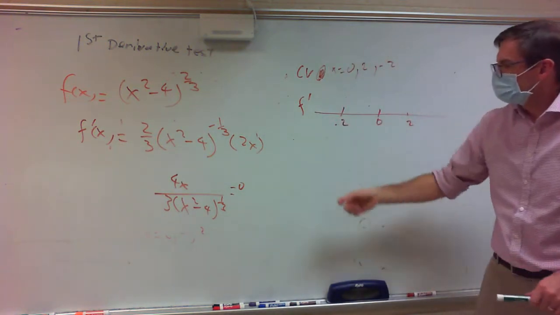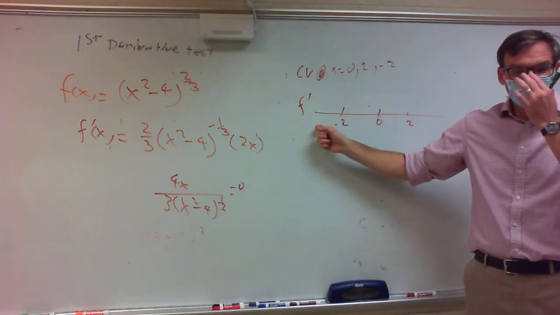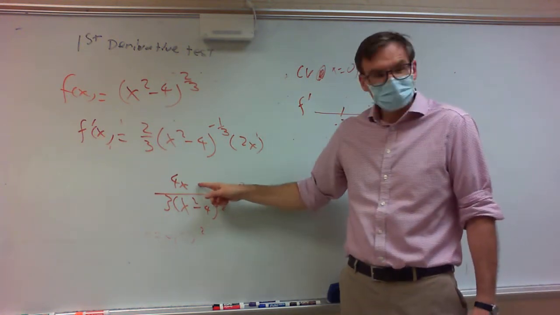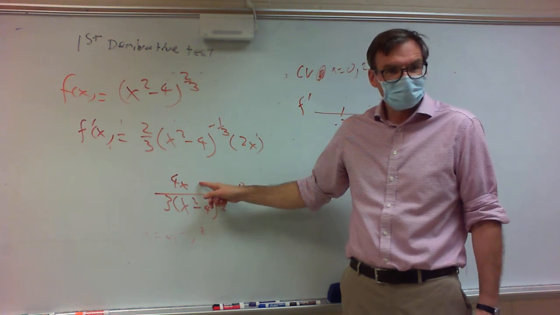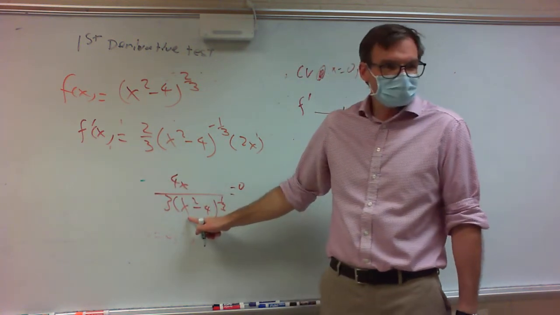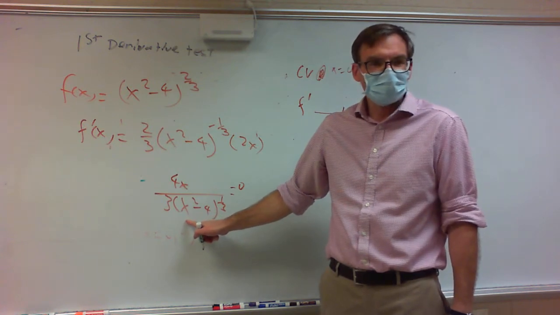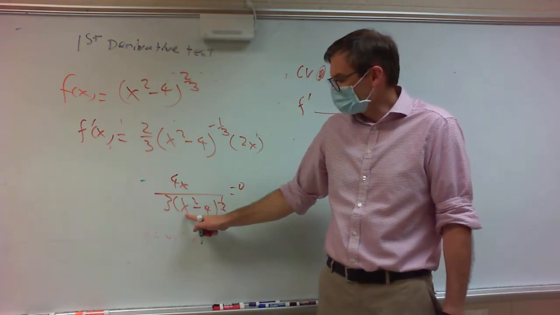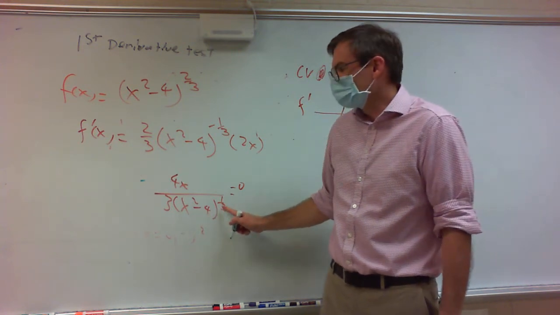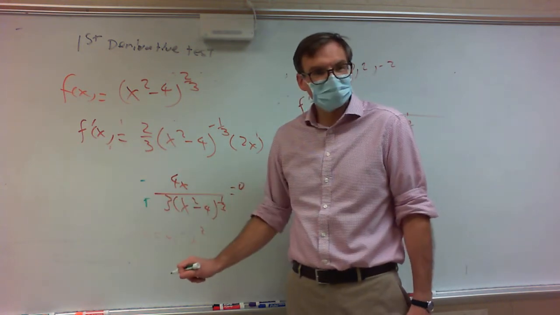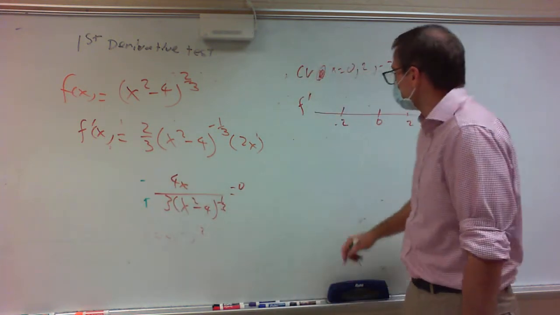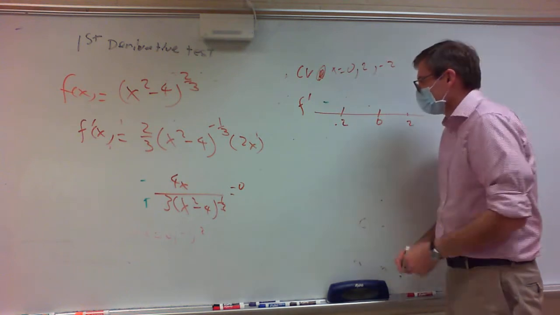I'm going to try a number over here, -1,000. 4 times -1,000 is a negative number. -1,000 squared is a fairly large positive number, and that minus 4 is still positive. We take the cube root, it's still positive, so the bottom's positive. Negative over positive is negative.